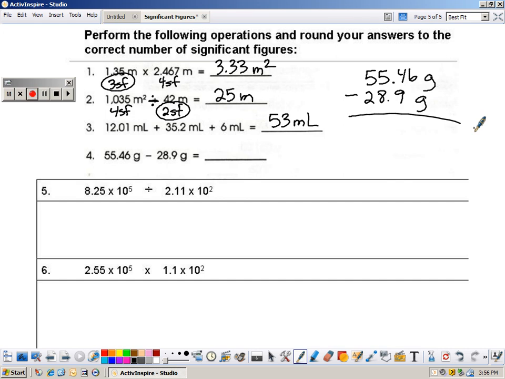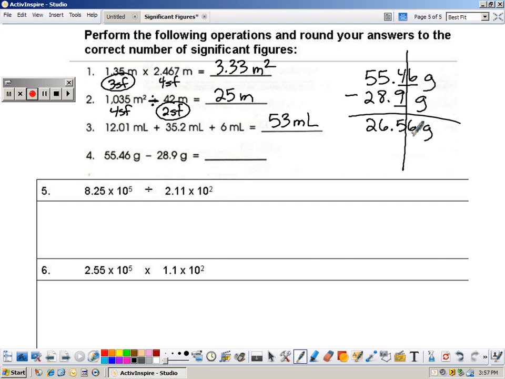Okay, this gives us 26.56 grams. Okay, the lowest number of places here, well, the 55.46 has 2 decimal places, and the 28.9 has 1 decimal place. So we are going to round to 1 decimal place, or to the 10th place.